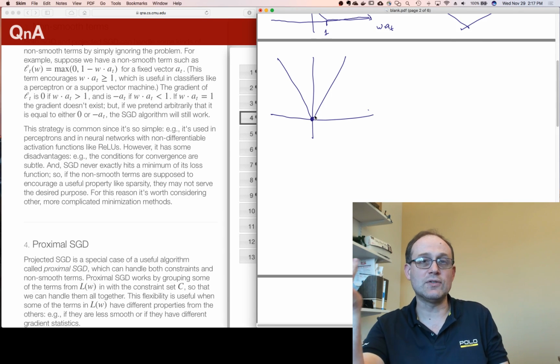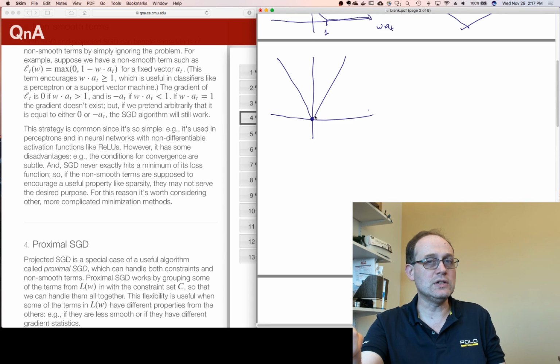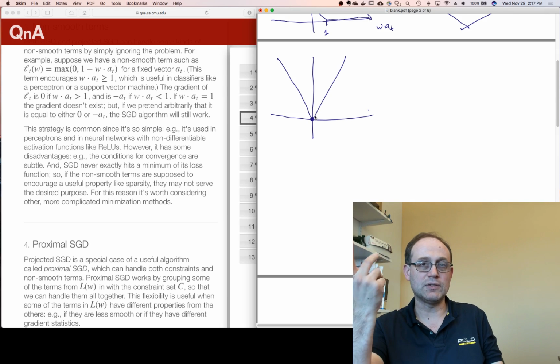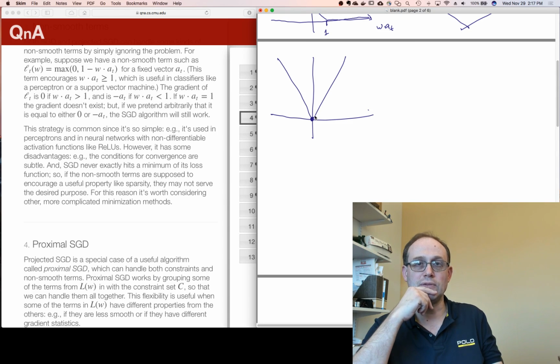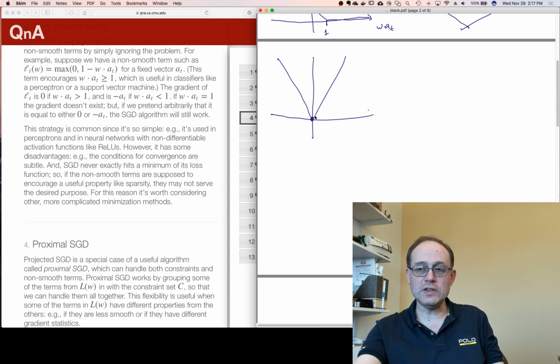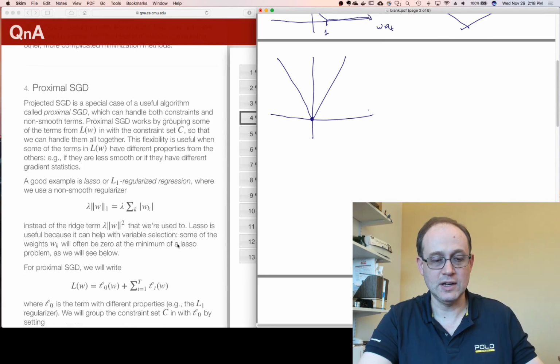And SGD is never going to achieve that. It'll just step back and forth across 0. It might get really close to 0, but it won't be a hard 0, and you'll never have a hard sparse parameter vector.